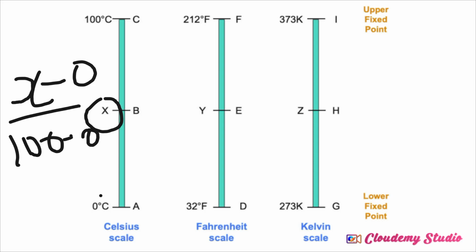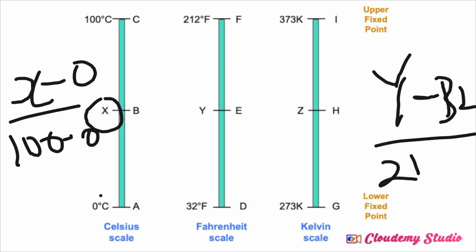You can have something like that for Fahrenheit too: that would be y minus 32 over 212 minus 32. So we just compare both.